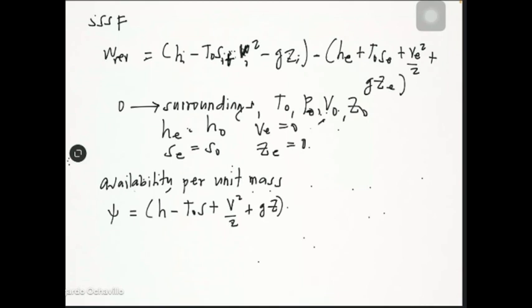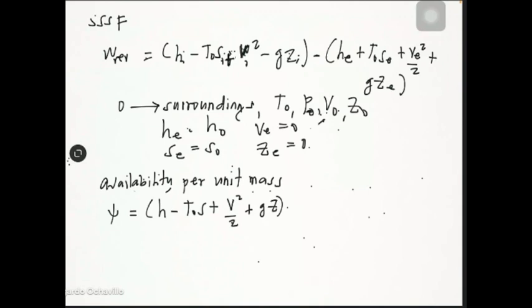So U plus P0 V minus T0 S, minus U0 plus P0 V0 minus T0 S0. There is S0.